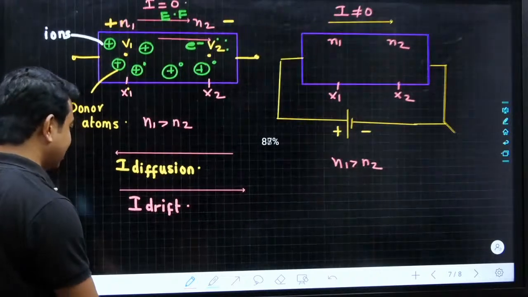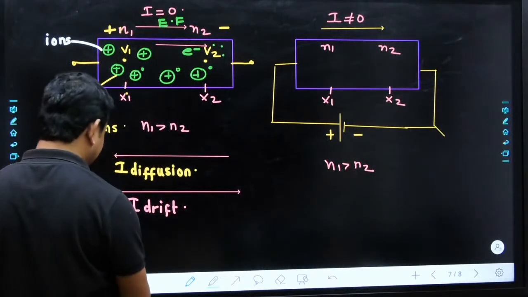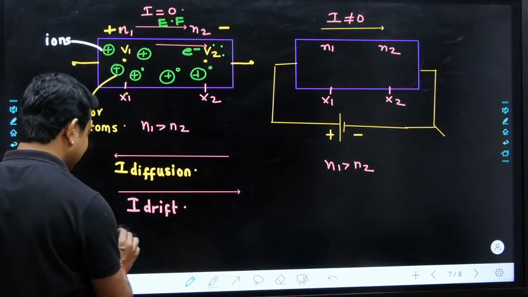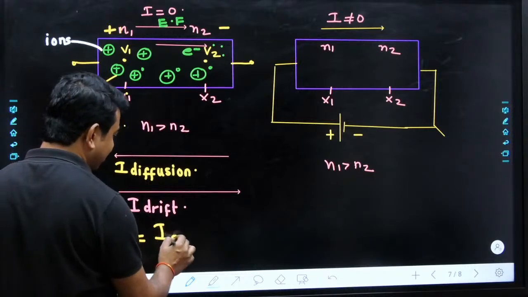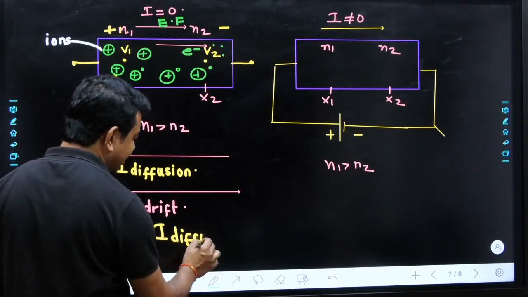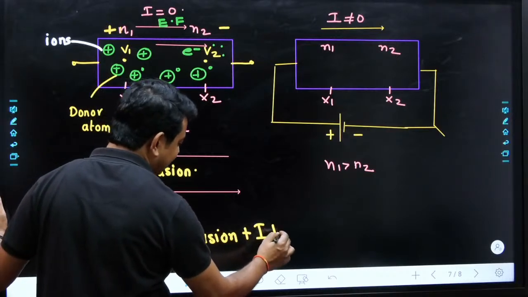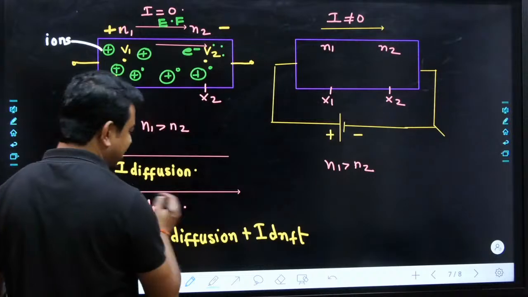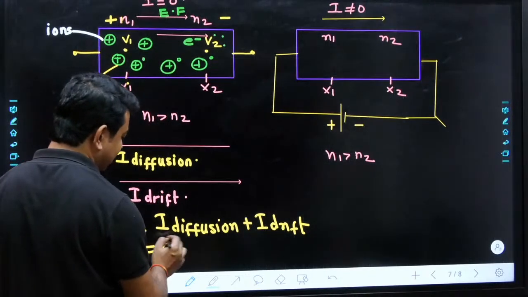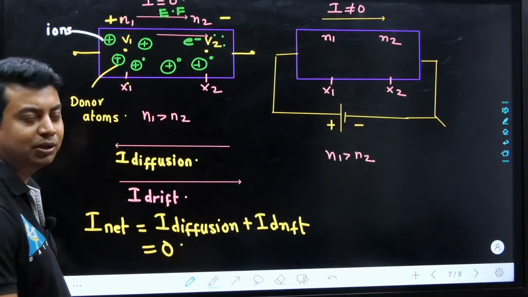So, the net current within the semiconductor, I net, is equal to the addition of the diffusion current and the drift current, and we have seen that diffusion and drift are opposite to each other. So, the overall current within the semiconductor will become 0.